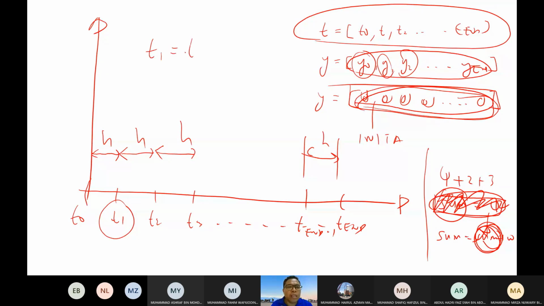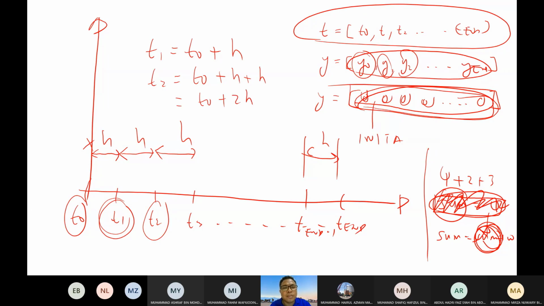T1 ni dah tentu T0 plus H. Betul tak? T0 campur dengan ni dah tentu dapat T1. Nak dapat T2 pula macam mana? Dah tentulah T0 campur H iaitu T0 plus 2H. Betul? Betul, Sir. T3 dah tentu T0 plus H plus H plus H. T0 plus 3H. Betul?